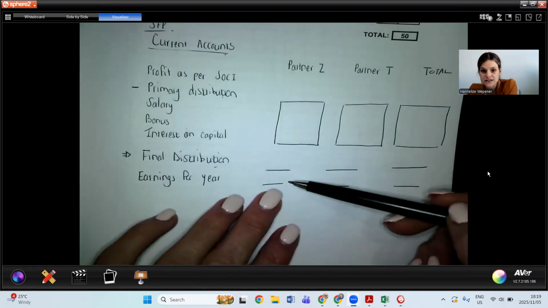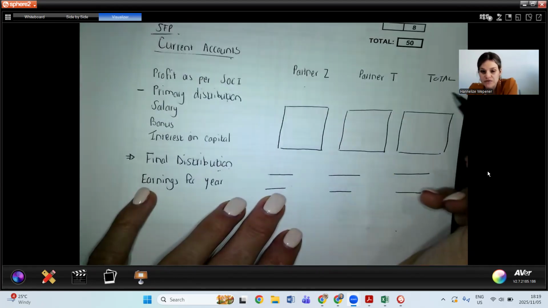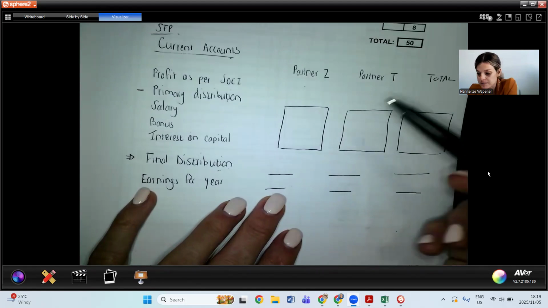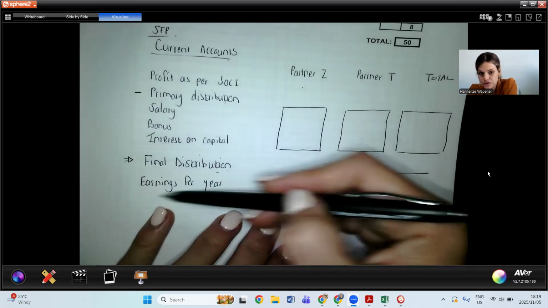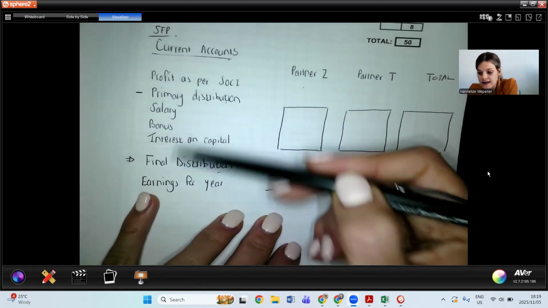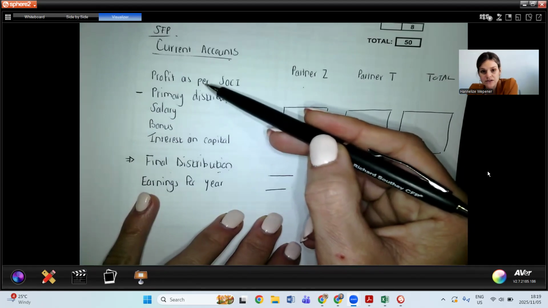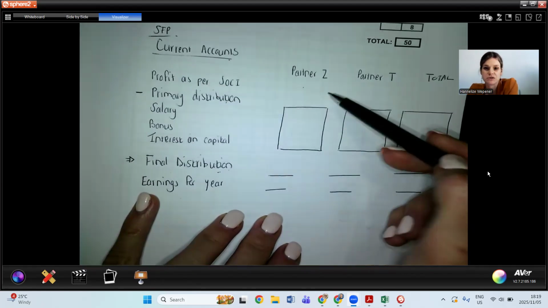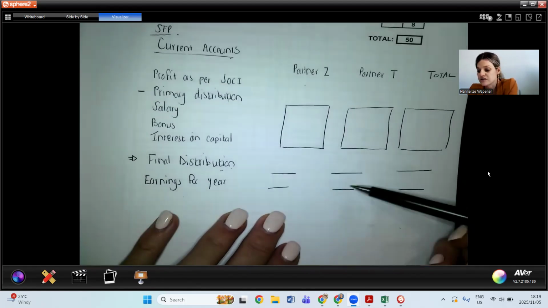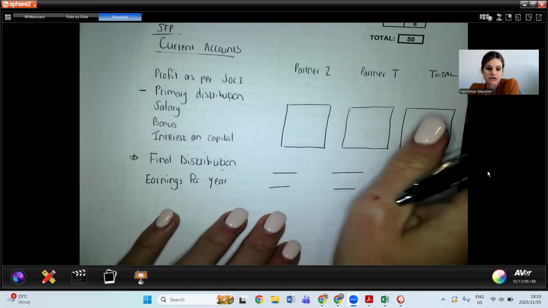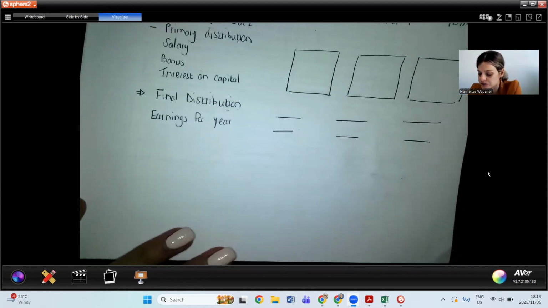And that should add up to your profit as per your SOCI, because what you're saying is that your earnings for the year is how you have now allocated or distributed the profit between the two partners. So that's another reason why you don't really see the earnings for the year in the note.